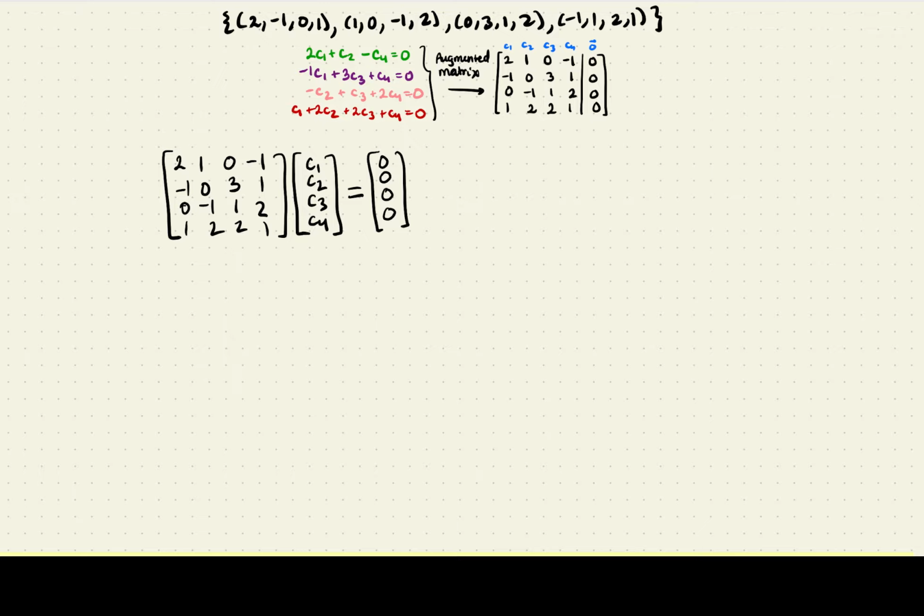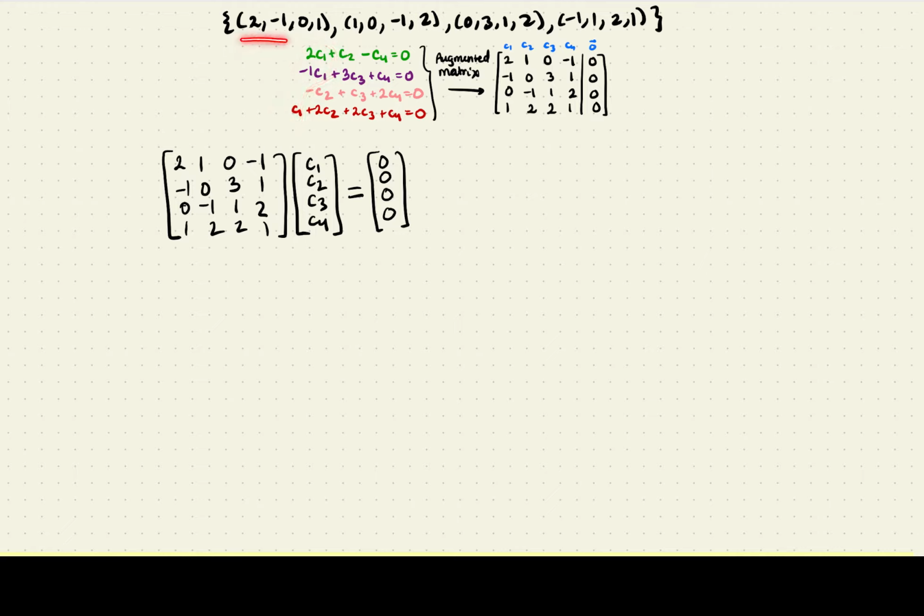Now I want to point something out here, that the first column of this matrix is actually the first vector in our set. The second column of our matrix is the second vector in our set, and so on and so forth. So the third column is the third vector, and the fourth column is the fourth vector. And that's always going to happen, because when we wrote down this system of equations, all of the things that are multiplying C1 are going to end up in the first column.